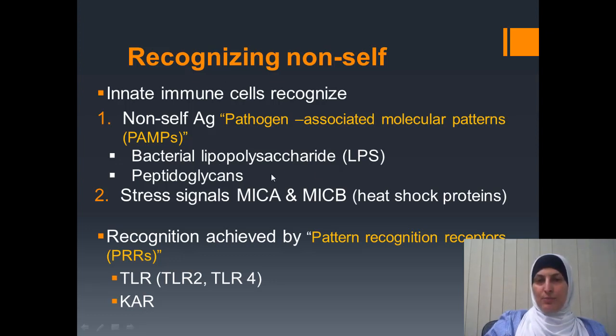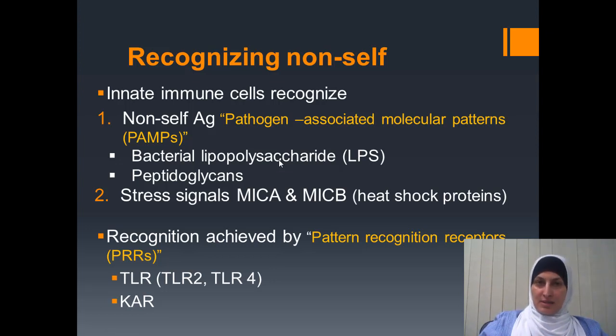These peptides or proteins would never be part of the human body. They can be part of any type of bacterial structure. They do not belong to a specific species of bacteria. It is some sort of general structure that is usually present in bacterial pathogens.